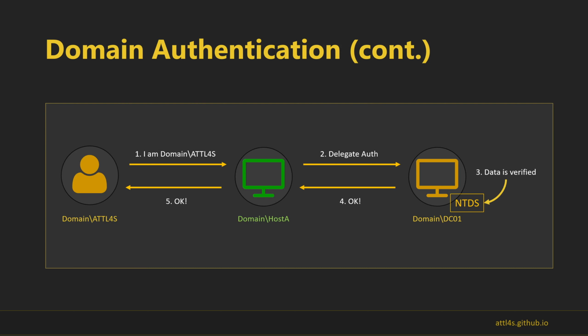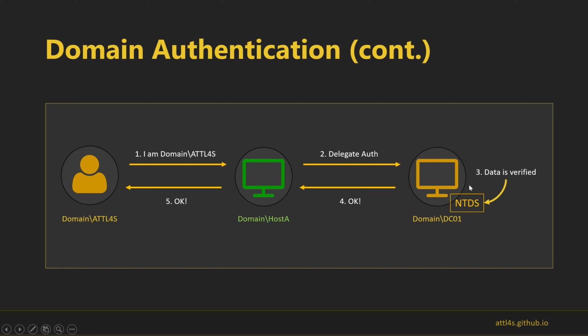So quite similar to the previous picture. If we say, hey, I'm domain A Atlas, and I'm authenticating into host A, since host A is domain joined and knows about this domain, the host knows how to handle authentication for that user and then delegates the task to a domain controller.